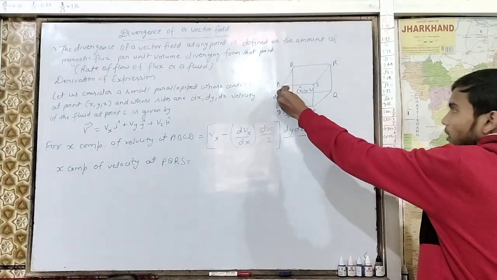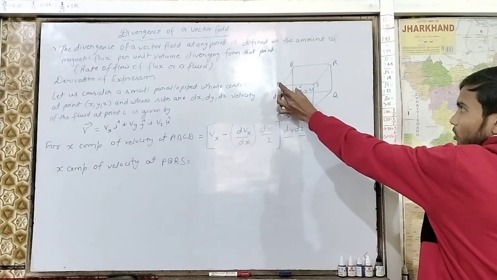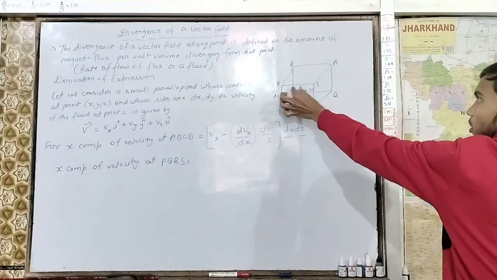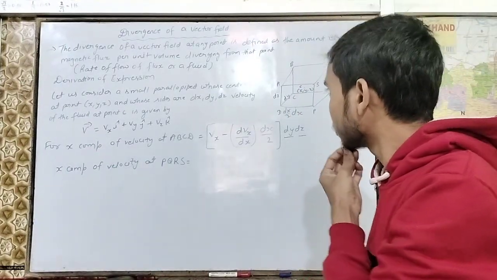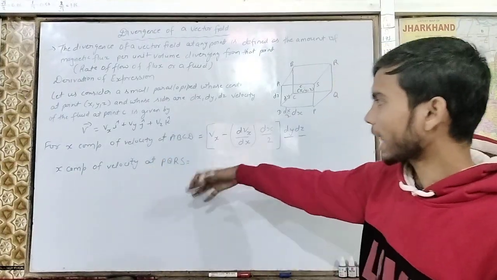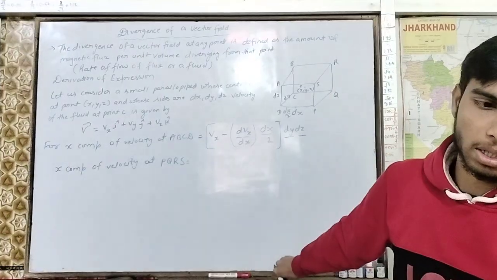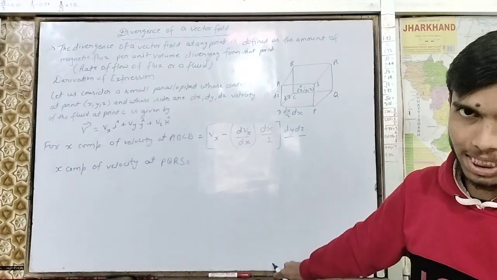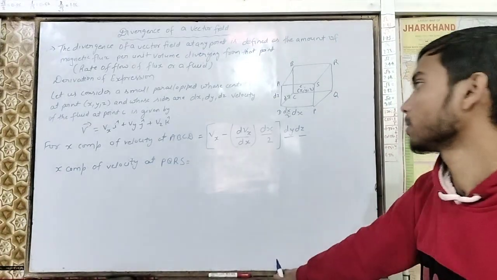This fluid which came from this surface, this much it went up from here till here. And now we are taking the same component but at PQRS, from the surface of PQRS, same component but the surface is different. Initially the surface was ABCD and the final surface is PQRS.